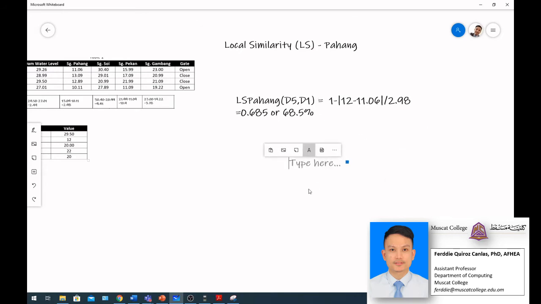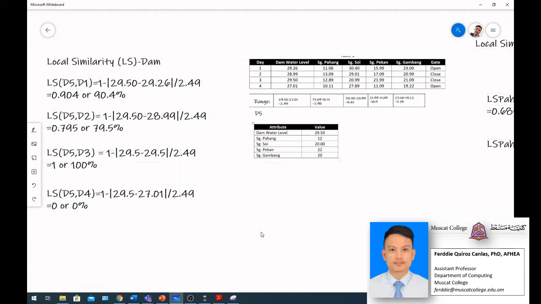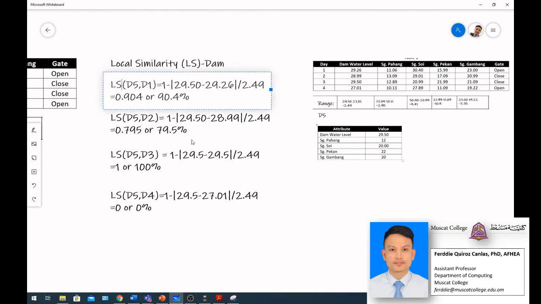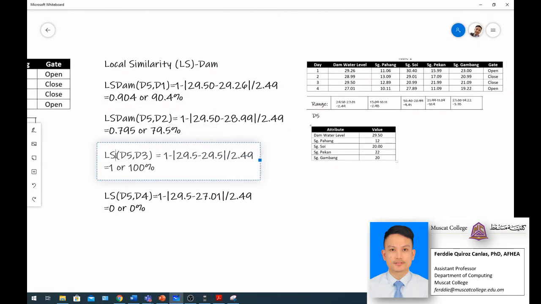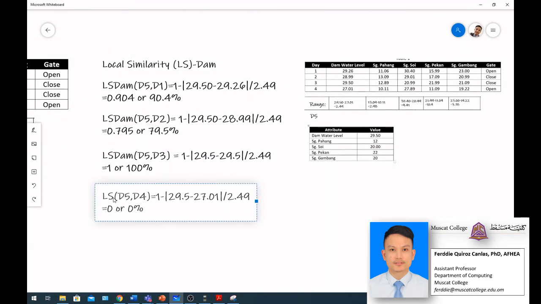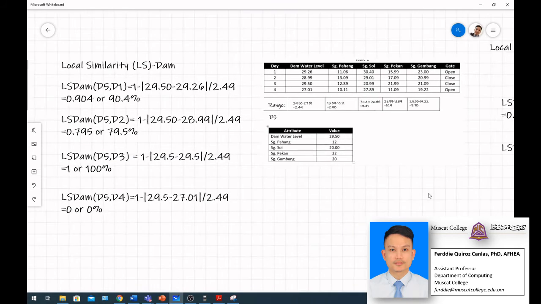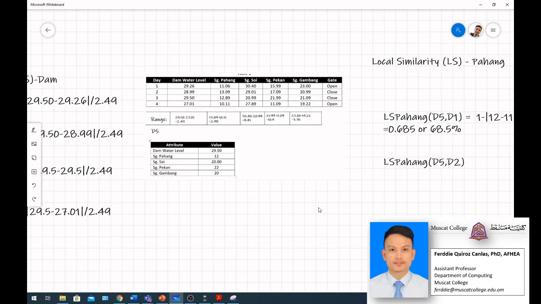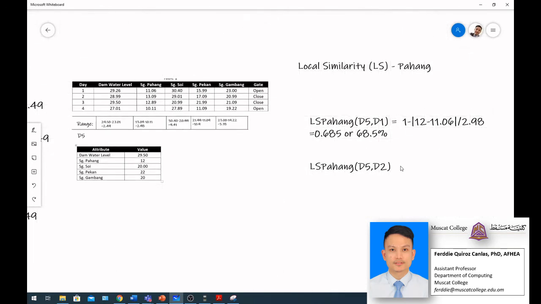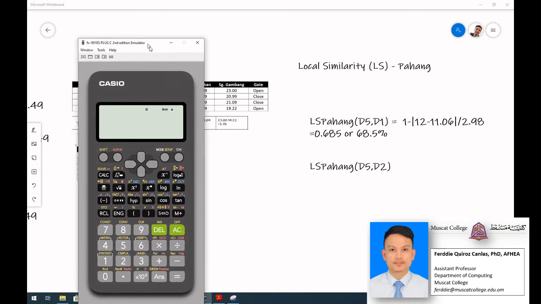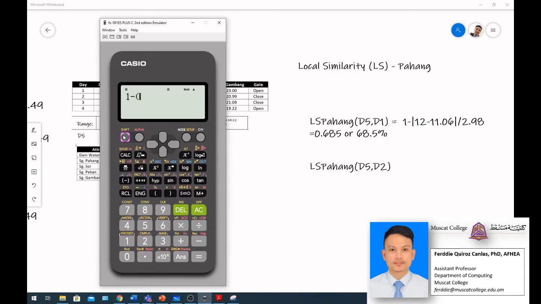How about the next one? LS Pahang for D5 and D2. Doctor, question. Here, if we take 13.09, it's going to be over 100%. Let's see what happens. 1 minus, close parenthesis, shift, abs.